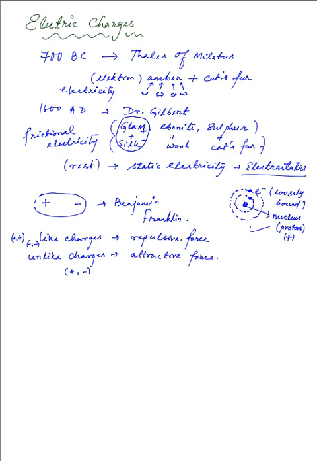Now, the property which differentiates the two kinds of charges is obviously the polarity of the charges. We'll say that a body which was initially neutral, probably the case of an atom, when it loses an electron, gets positively charged.